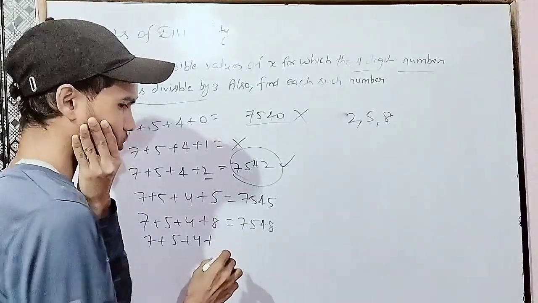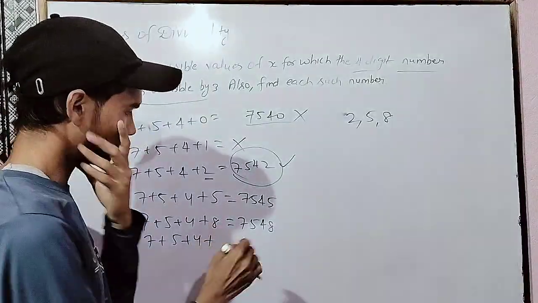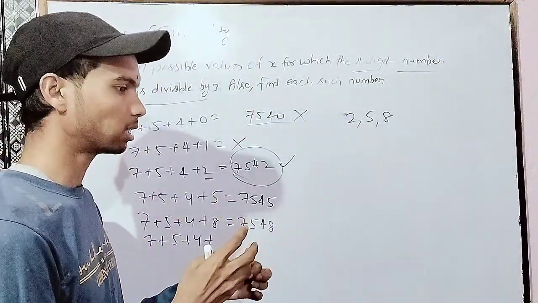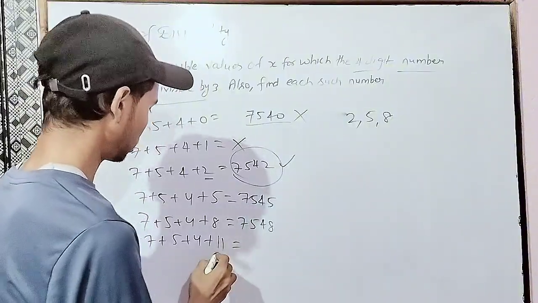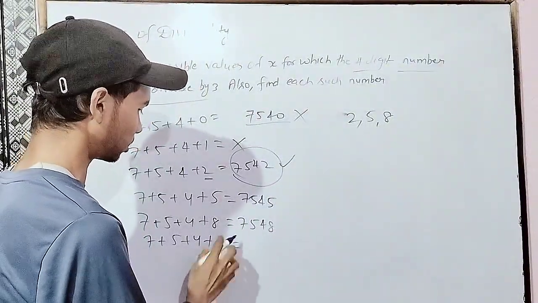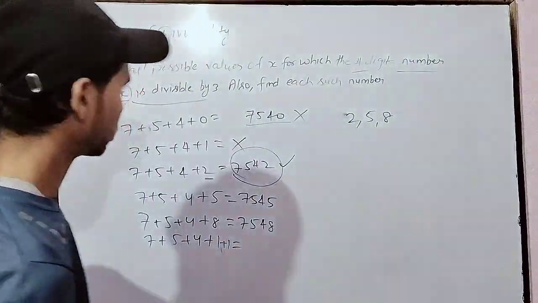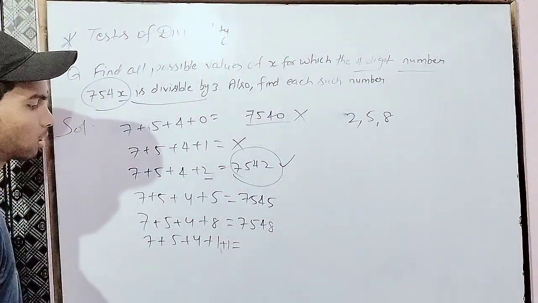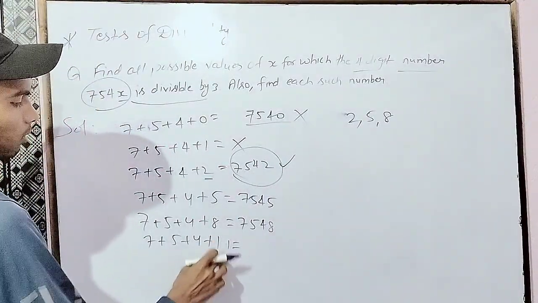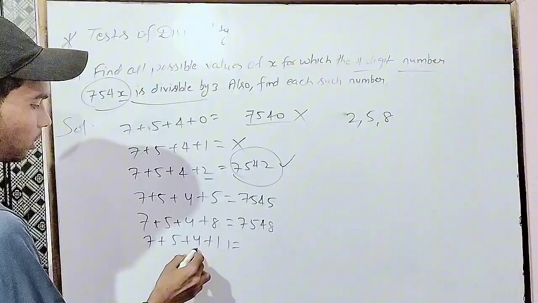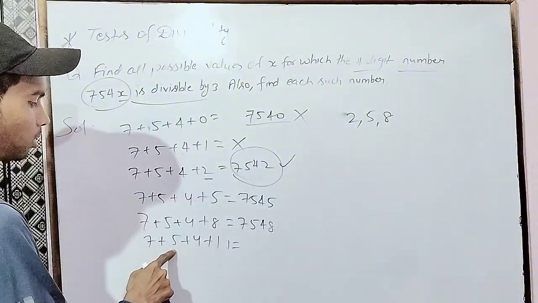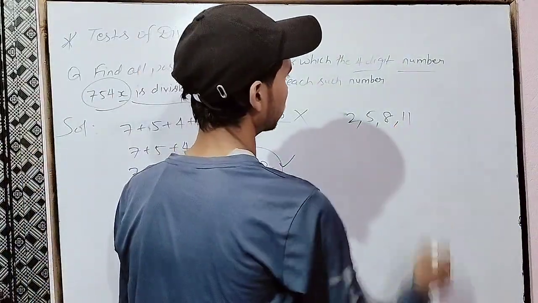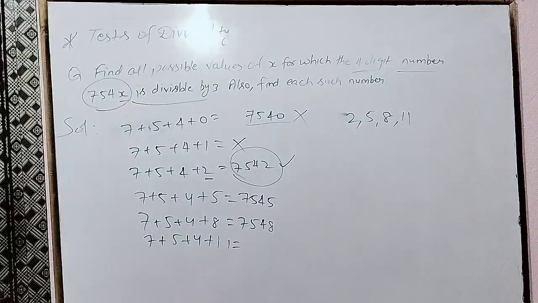So 9, 10, 11. 11. 11, 4, 15. Yeah, 11. Clear? This is the answer.